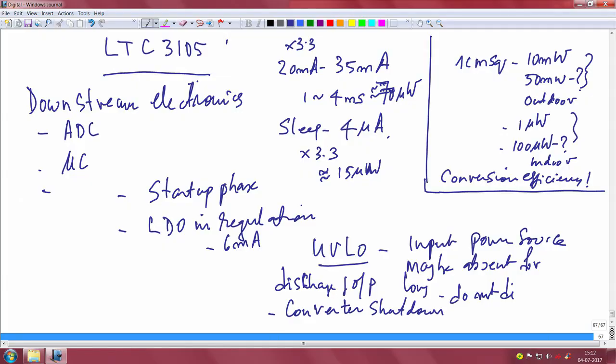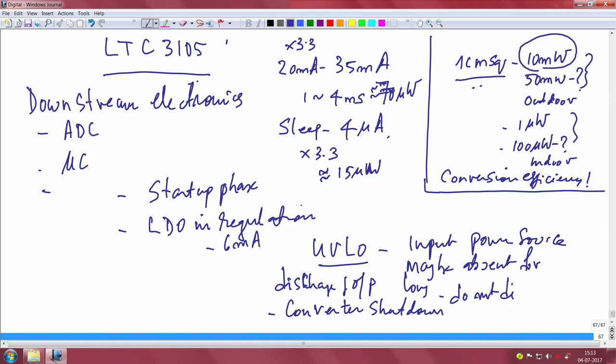In my opinion, you see this particular thing I have written. It is not always true, but you can go by this. If you take a 1 centimeter square solar panel, under outdoor conditions you should get about 10 milliwatt.